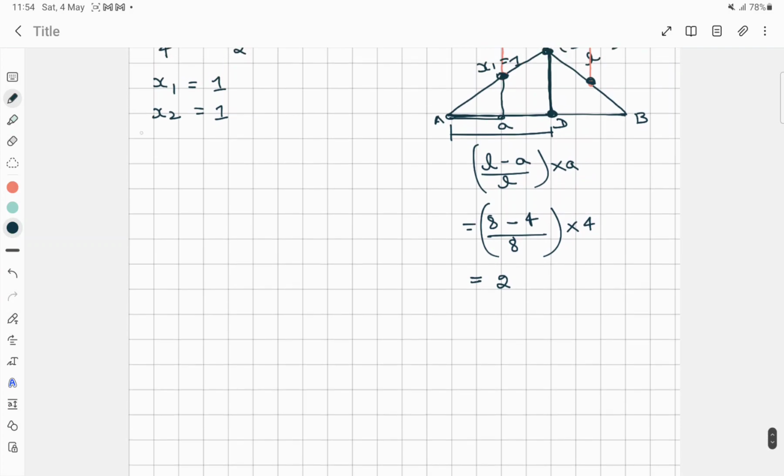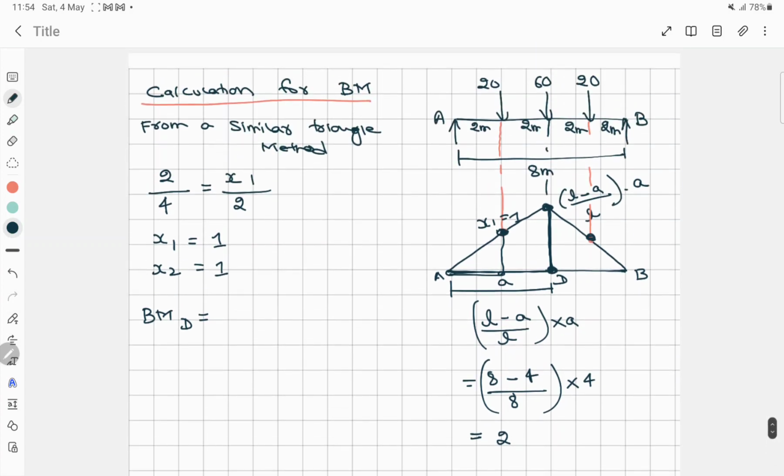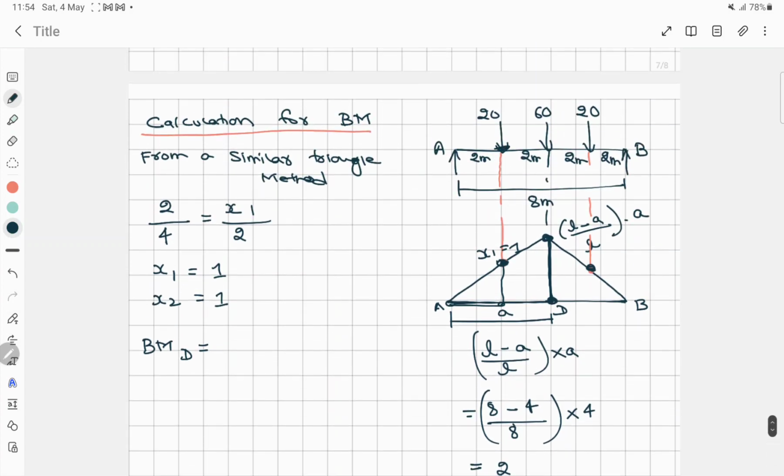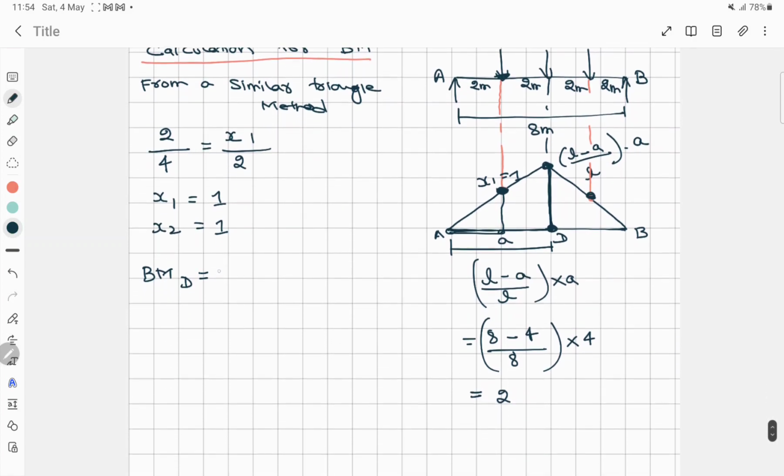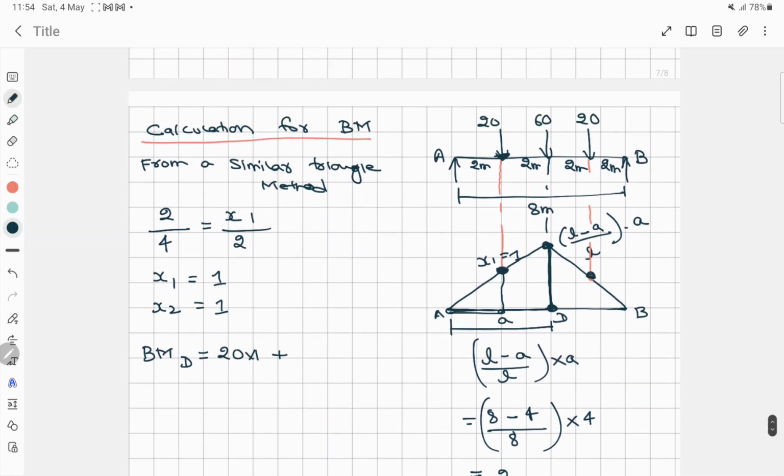So now write like this: bending moment at D is equal to, this is the load and this is the corresponding ordinates. So here it will be 20 into 1 plus the second is 60 into 2, plus again 20 into 1.